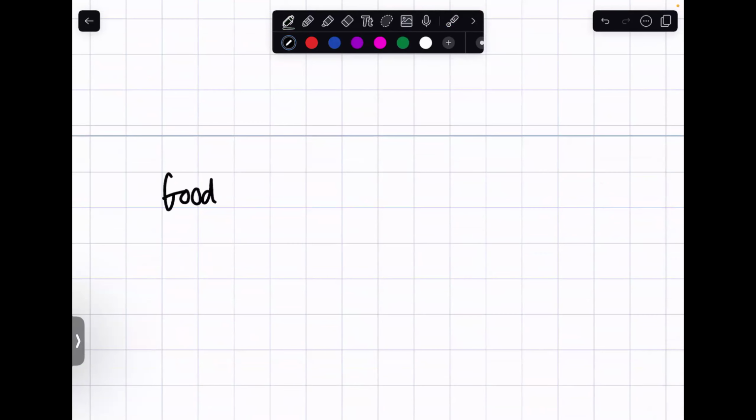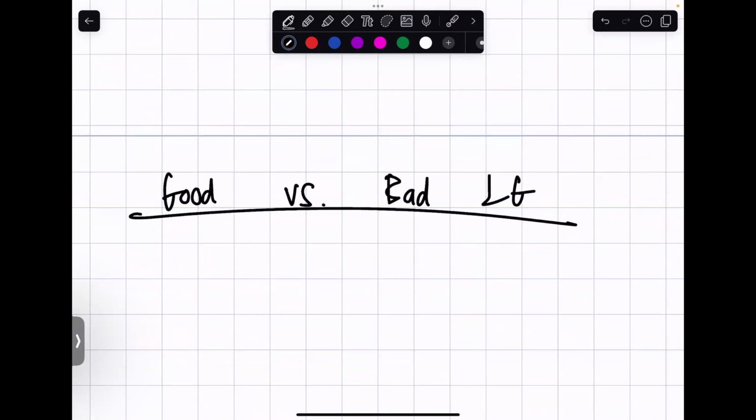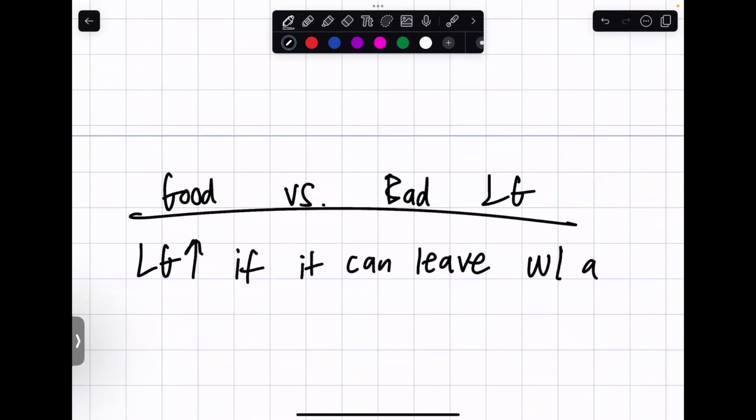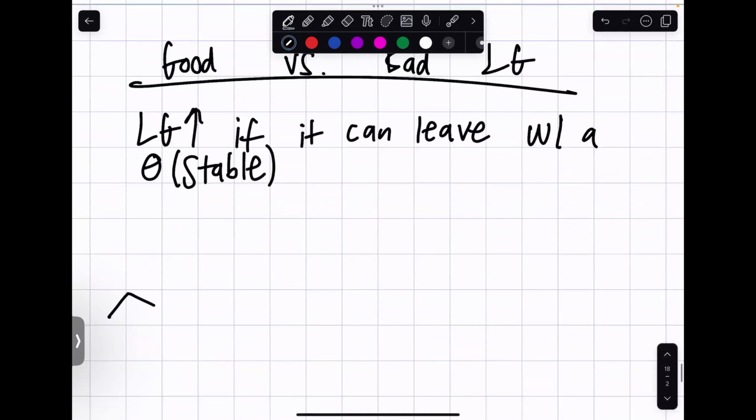Yeah, let's go over good versus bad leaving groups. So the leaving group is going to be better if it can leave with a negative charge, if it is stable with a negative charge. So let's say we have this group here with an OH, and we say that's a leaving group.